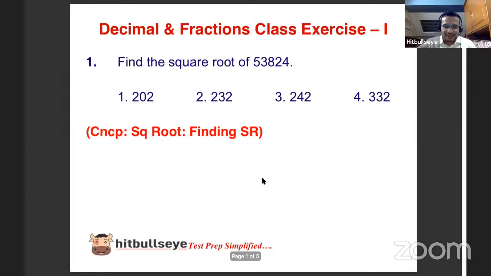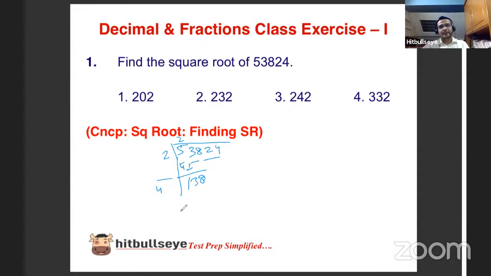First thing we have is the square root of 53824. How do we go about it? 53824, two pairs, one last digit, 2 to the 4, 138. What should I multiply here to get my 138? 4 fours are 16, it'll be higher.